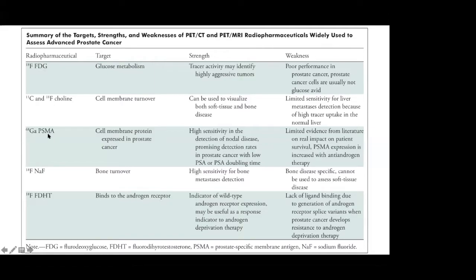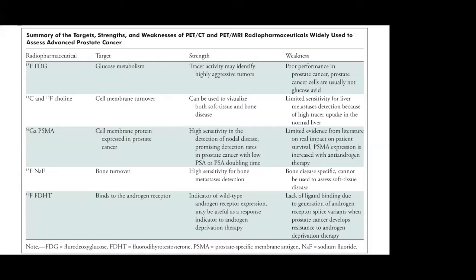PSMA is a new star. It targets a cell membrane protein expressed in prostate cancer, and its particularly high sensitivity makes it useful for detecting recurrent disease, because even with a low PSA or a low PSA doubling time, it's able to detect, for instance, nodal disease. More controversial is its role in response assessment, particularly when patients are still on anti-androgen therapy.